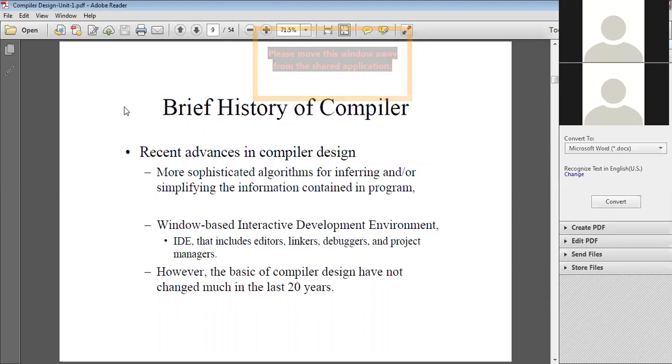Recent advances in compiler design: more sophisticated algorithms were developed, such as window-based interactive development environments. However, the basics of compiler design have not changed much in the last 20 years. We are using the same compiler design as we were using 20 years ago.